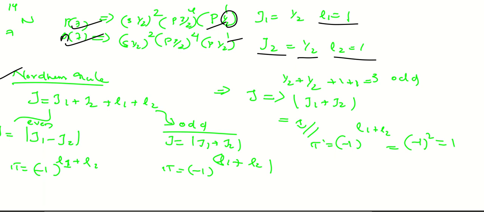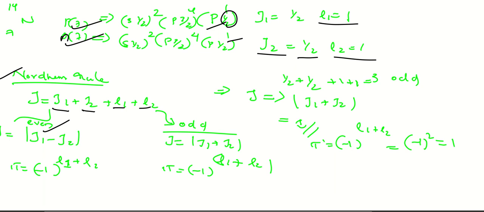For that, just add J1 plus J2 plus L1 plus L2. If it is even, then J is equal to modulus of J1 minus J2. If it is odd, then J is equal to J1 plus J2. Parity is minus 1 to the power L1 plus L2.